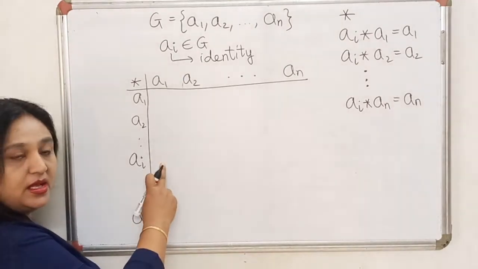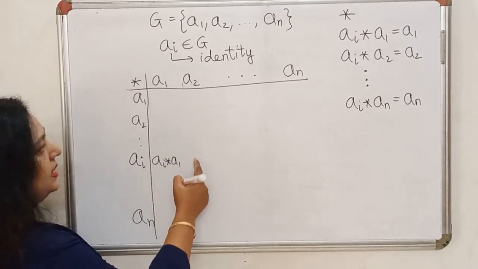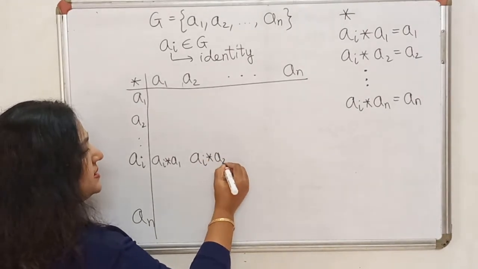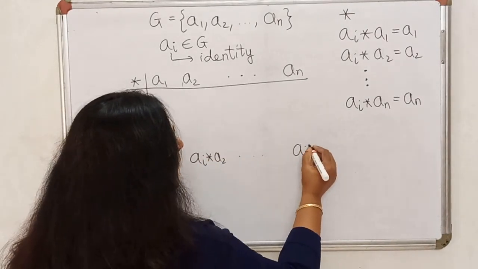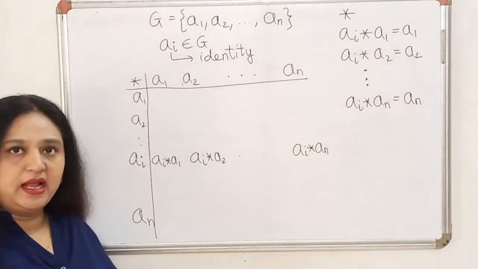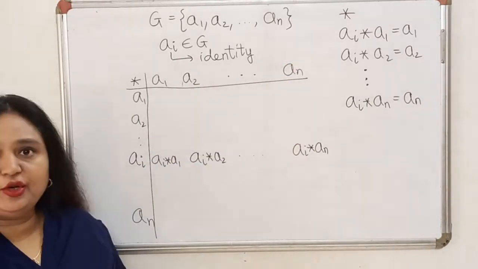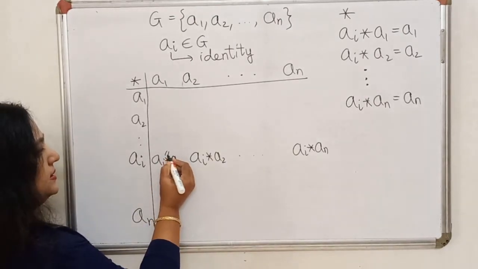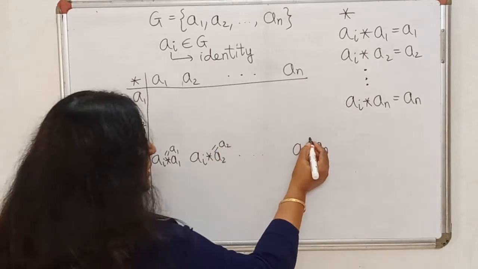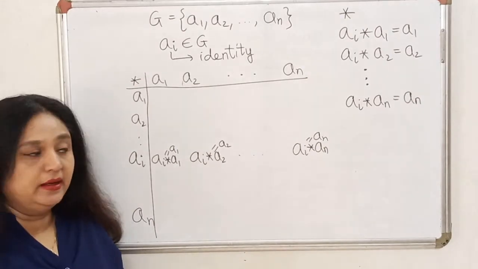This space is reserved for Ai star A1. Then the next space in this row is reserved for Ai star A2. And this space is reserved for Ai star An. But if Ai is going to be my identity, then this element will have to be equal to A1. This element will have to be equal to A2. And this element will have to be equal to An.